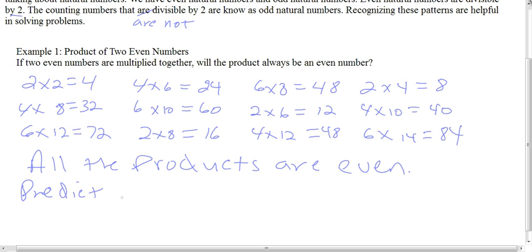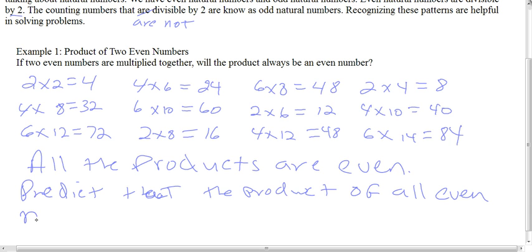We can predict that the product of all even numbers is an even number.